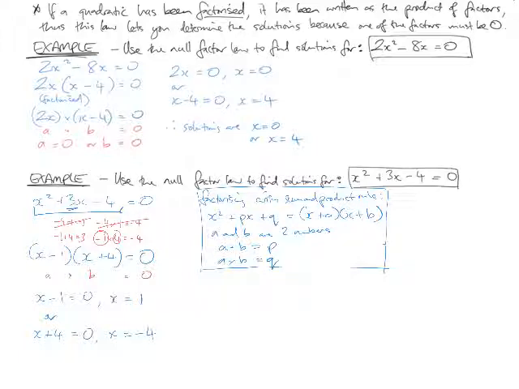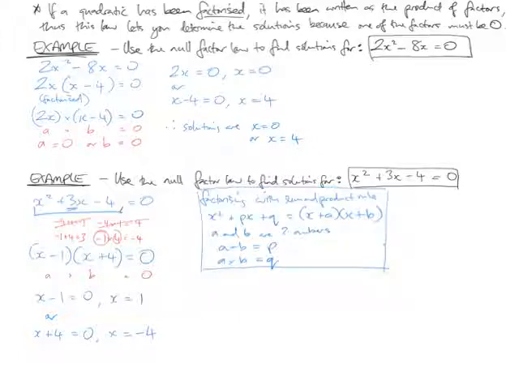So that's another example of using the null factor law to find solutions for a quadratic equation. Obviously you need to factorize first to get it into the product of two factors equals 0, and then make one of those factors 0, and then solve for whatever x is in those cases.